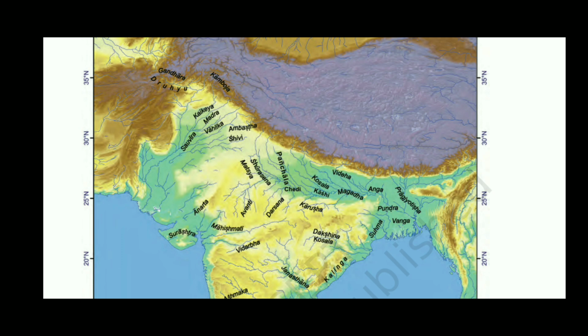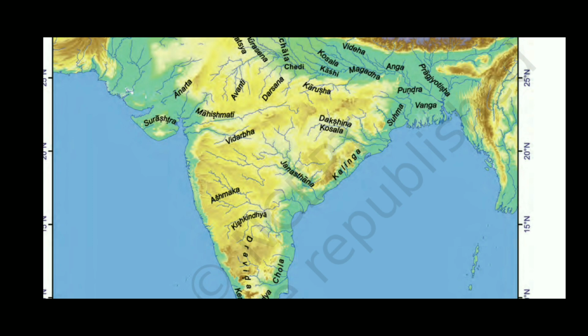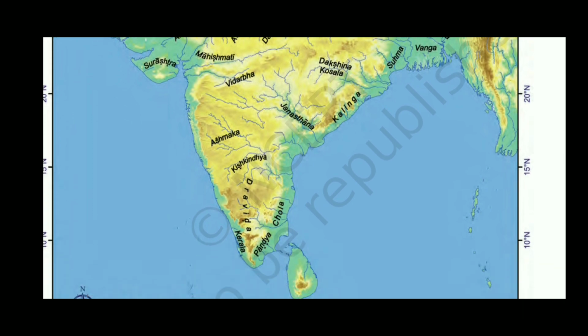We can see Gandhar, Kamboja, Keke, Medra, Vahika, Suvitra, Ambastha, Shivi, Matsya, Avanti, Mahishmati, Anarta, Shaurashtra, Panchal, Chedi, Darsana, Vidya, Kosla, Kashi, Magad, Ang, Prayojitsha, Pundra, Vanga, Shuhma, Kaling, Dakshin Koshal, Janasthana, Asmaka, Sindhya, Dravida, Pand, Chol, Kerala.